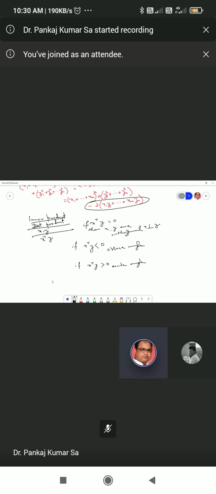Can you tell me a vector which is always perpendicular to all the vectors? Tell me one vector which is perpendicular to itself, which is perpendicular to every vector that is possible in Rn.